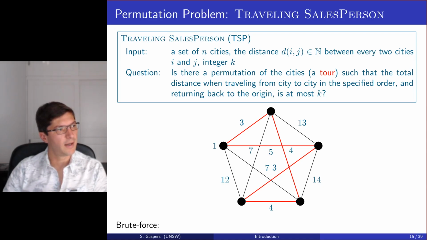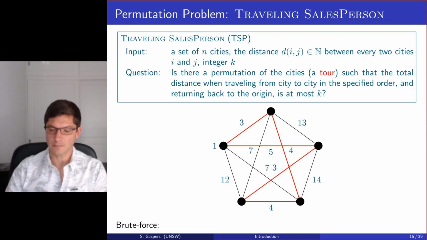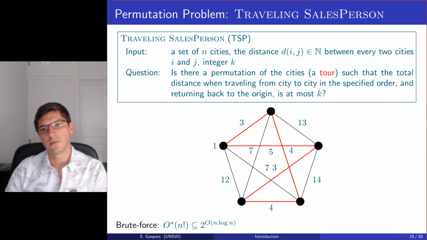If we have n cities, we have n possibilities for selecting the first city, then n minus 1 remaining possibilities for the second city, n minus 2 for the third city, and so on. So in total, we get an n factorial running time. What is n factorial?